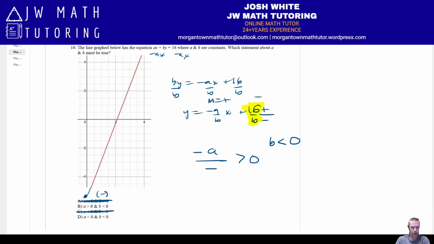We know that there's already a negative up here from subtracting the term over. So a negative divided by a negative is a positive. So these two right here cancel out and make a positive. So for this whole thing on the left to stay positive, or to be greater than 0, a has to be positive as well. Therefore, the correct answer is going to be letter B.